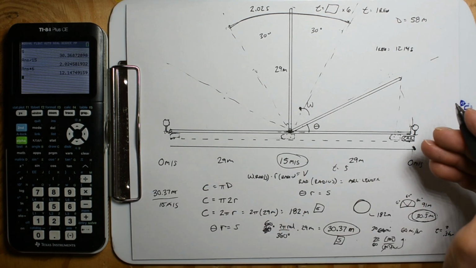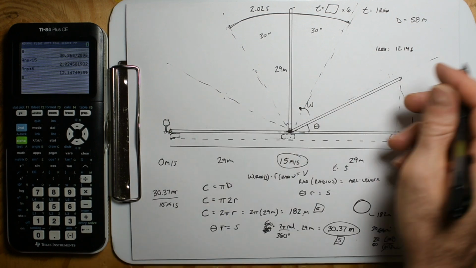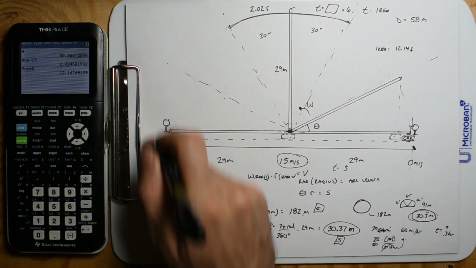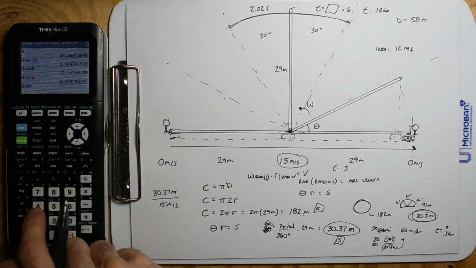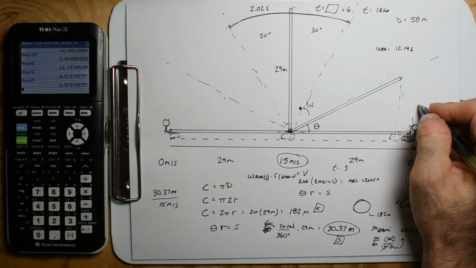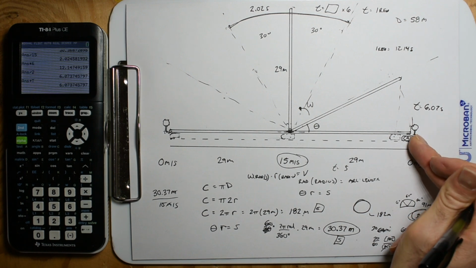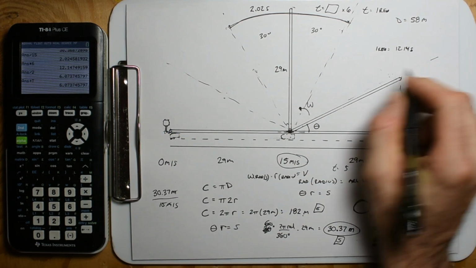So the time it takes our car to get from here to there, we just figured out would be 12 seconds for one revolution, so we just divide that by 2. I'm going to store that as alpha t. So the time is 6.07 seconds to get from here to there. Now we can figure out our average speed.